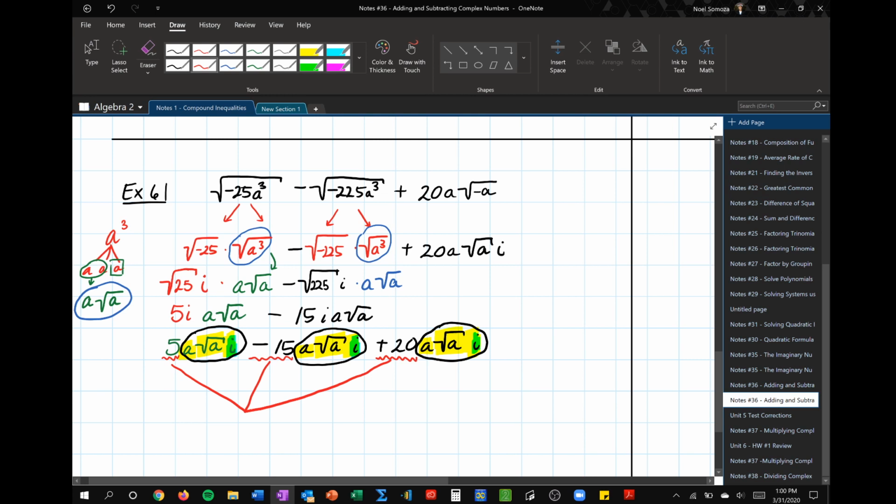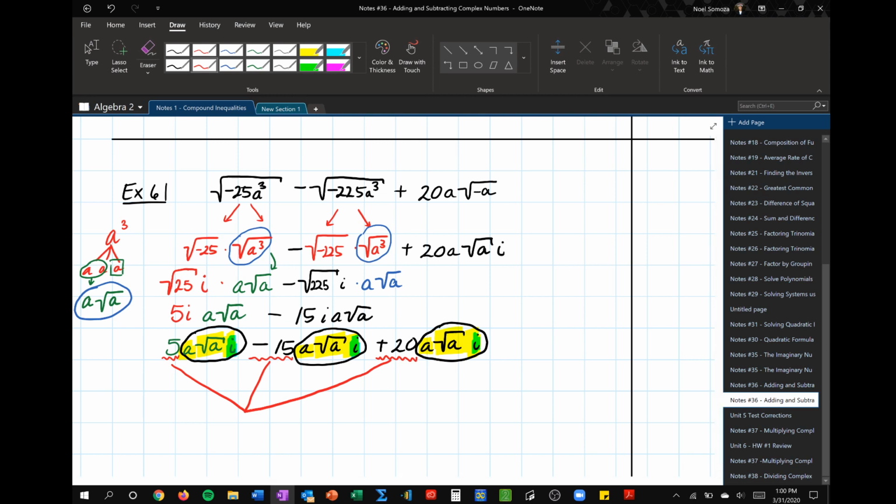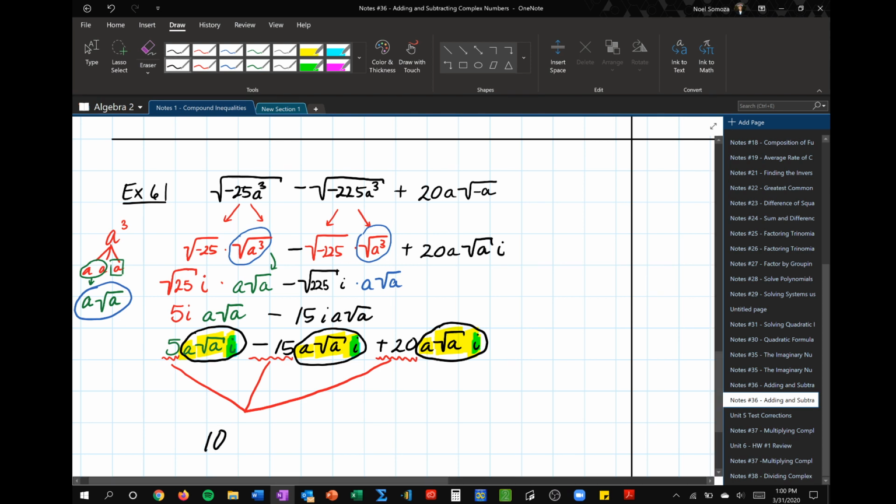Well, 5 minus 15 is, I'm sorry, negative 10, and negative 10 plus 20 is positive 10. So you end up with 10. 10 what? Well, bring down whatever it was that you factored out. Well, I factored out a root a i. And there is my final answer right there. And that's it.